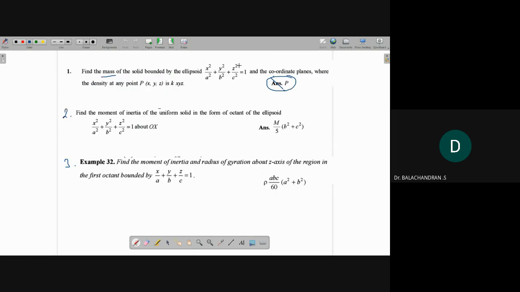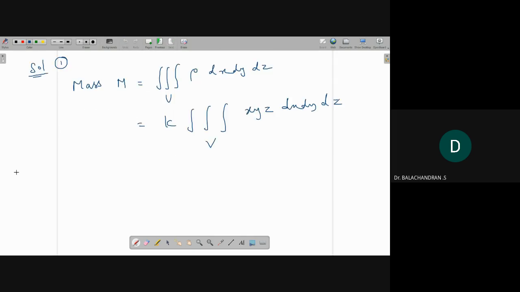You should convert in the form of capital X, capital Y, capital Z equal to 1. So let us take capital X equal to x square by a square, capital Y equal to y square by b square, capital Z equal to z square by c square.